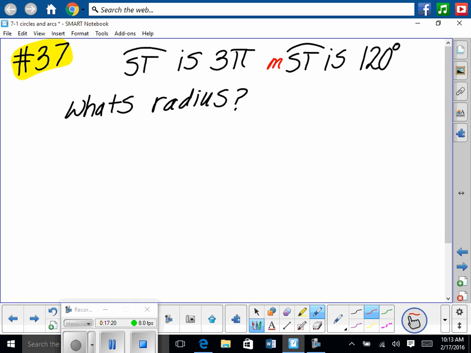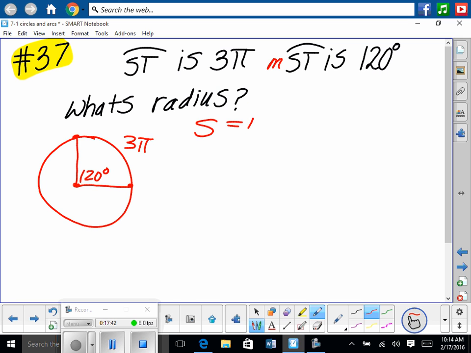Okay, so I drew a circle where it says ST, so we have an S and a T somewhere, and the length is 3 pi. So isn't that going to be this length? 3 pi. And then it says that the measure of ST is 120 degrees, and it asks what is the radius? So we say to ourselves, don't we know S is equal to R theta?